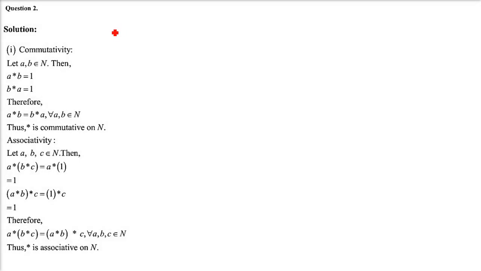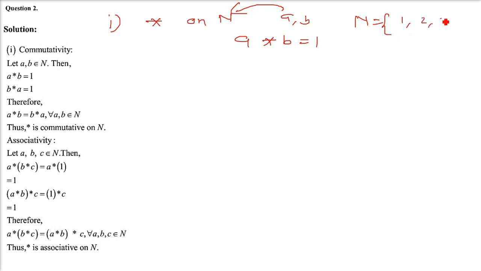Question number 2. Determine which of the following binary operations are associative and which are commutative. The first part is star on N, defined by a star b is equal to 1 for all a and b belonging to N. Whatever you do, the result is going to come as 1 only.